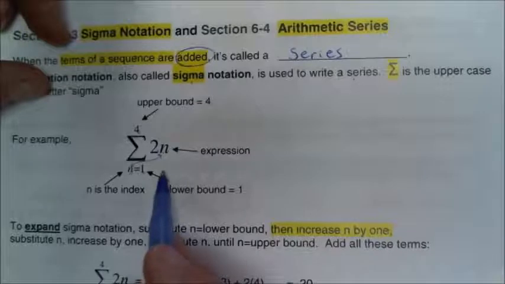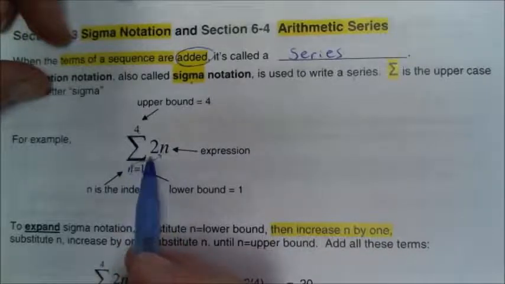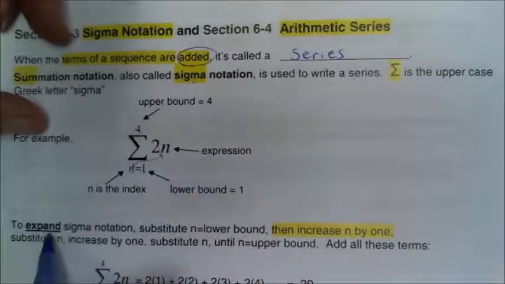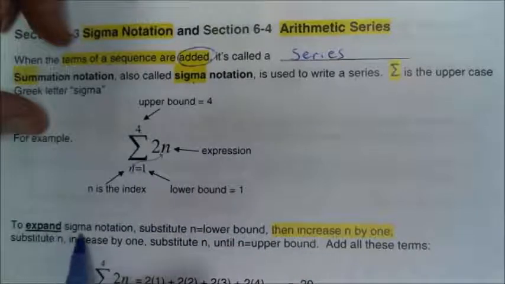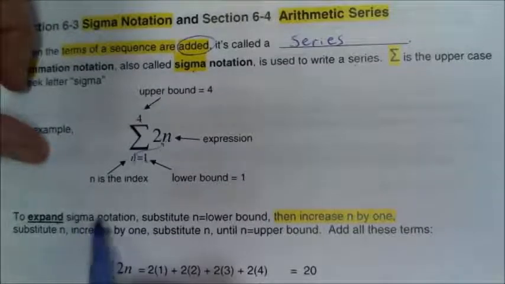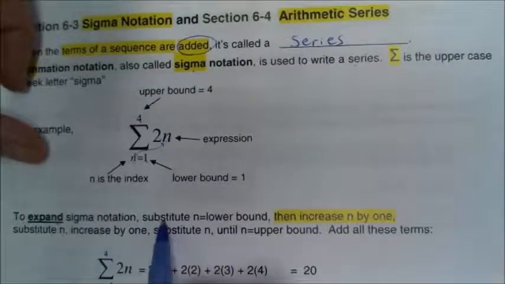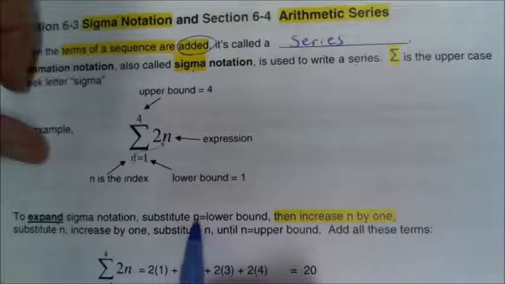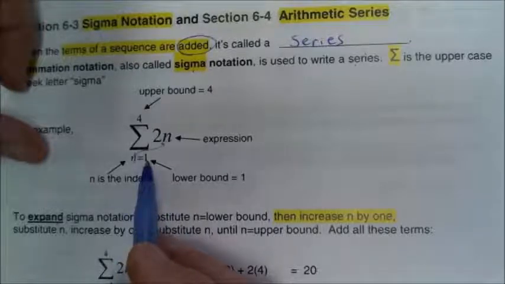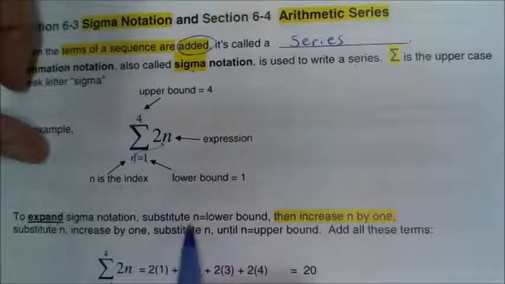So what do you do with a sigma? Sigma means add a whole bunch of numbers together. And when you add a whole bunch of numbers together, it's called expanding sigma notation. In order to expand sigma notation, you have to substitute the n value for whatever the lower bound is. Oftentimes it starts at 1, but it doesn't have to.